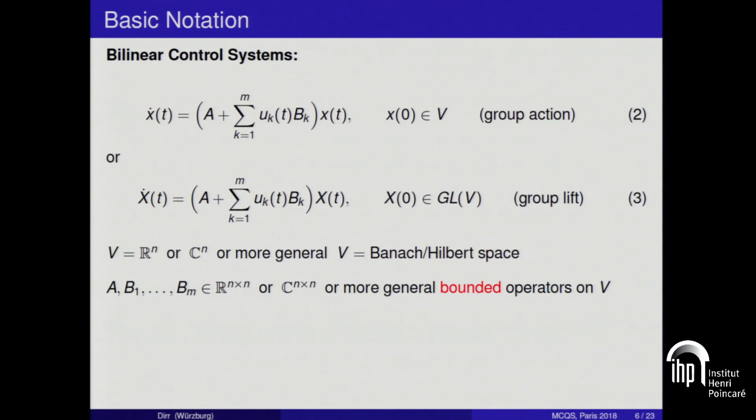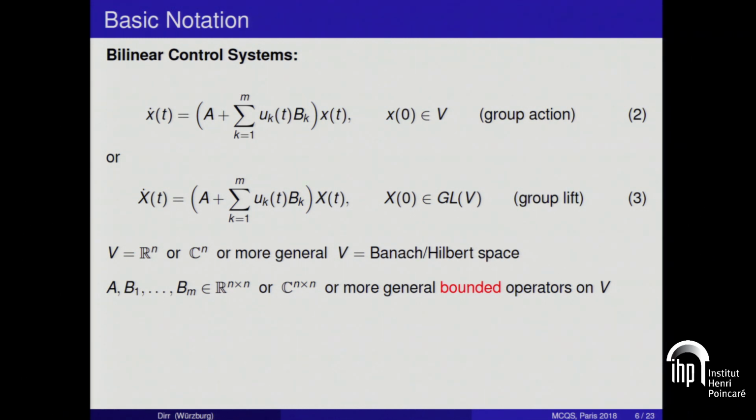Later on, we will pass to the infinite dimensional setting, and there our vector space will be a Banach space or a Hilbert space, and the group will be much more complicated than here. We will restrict to bounded operators.